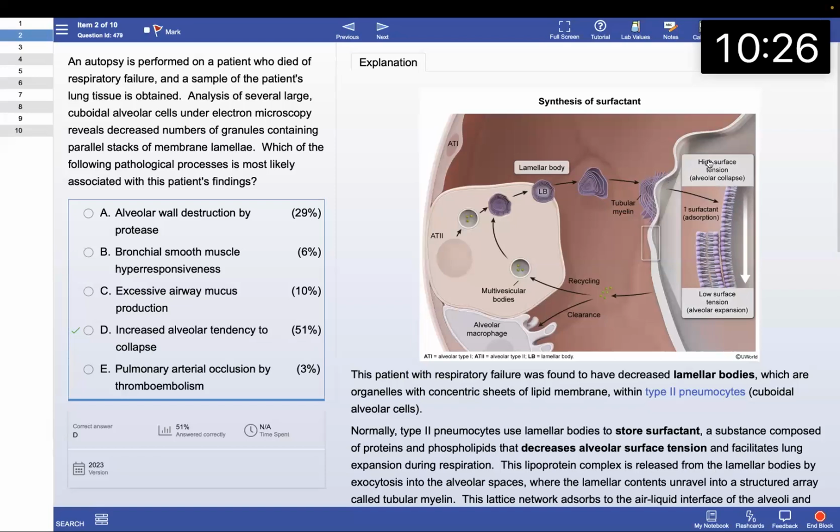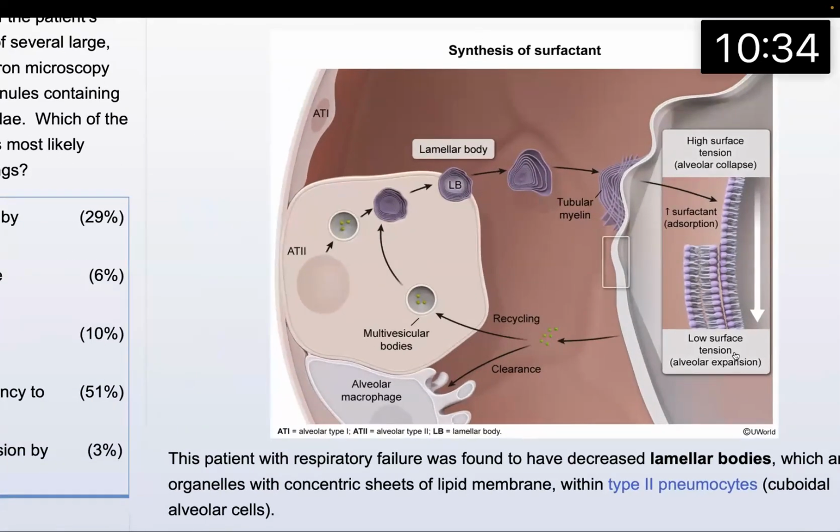Zooming in, we're seeing high surface tension, alveolar collapse. Low surface tension, alveolar expansion. So here there's increased surfactant. What are they showing here? High surface tension, alveolar collapse.